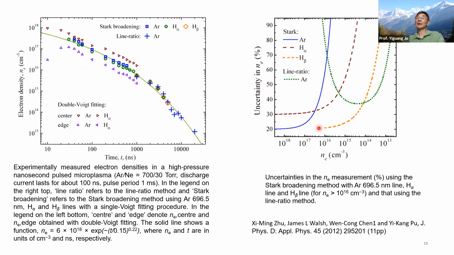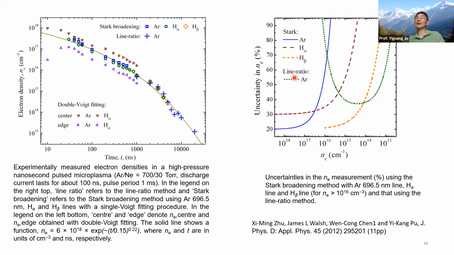You can see that using argon the uncertainty quickly increases, and with Stark broadening, the broadening effect is only accurate if the electron number density is 10 to the 17th, probably 10 to the 17th. But 10 to the 17th is more like an arc, so it's not applicable.